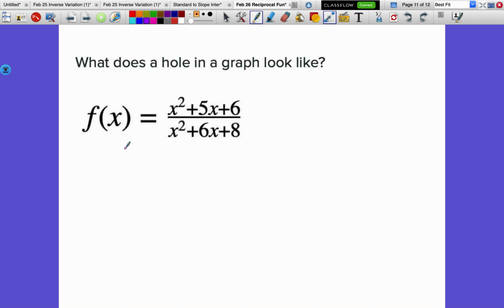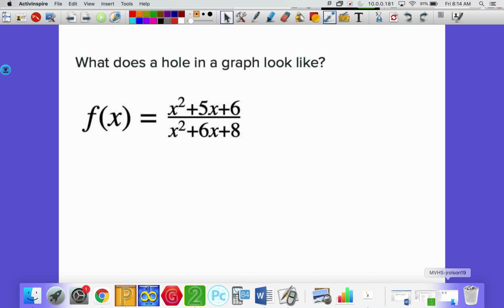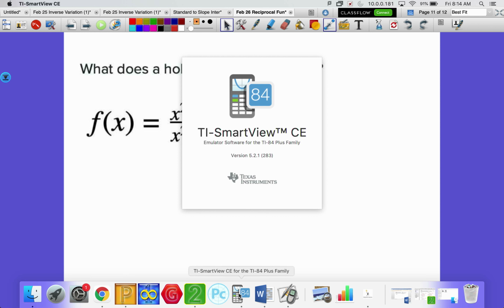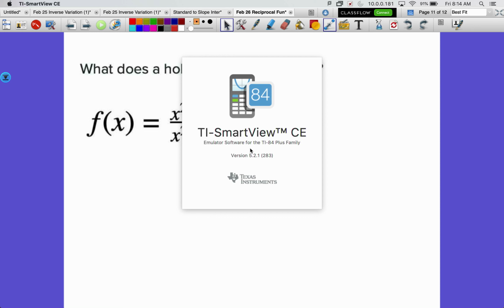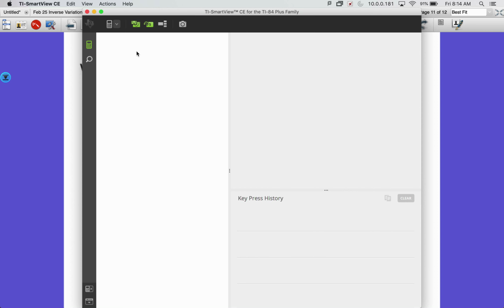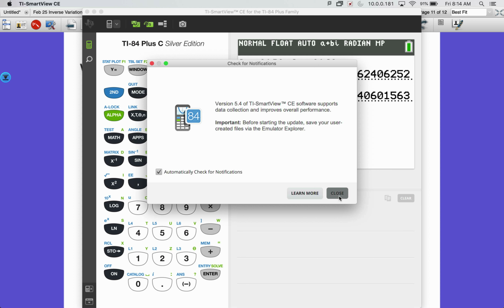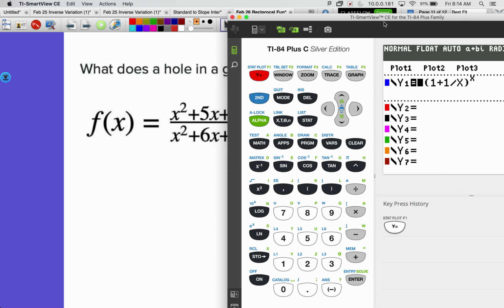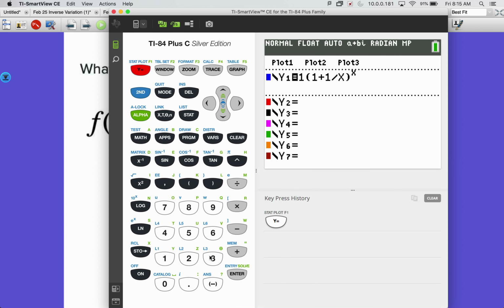All right, what does a hole in a graph look like? So this is where we're going to need those graphing calculators. Let's graph this function in our graphing calculators. As you plug it in, you're going to need to use a set of parentheses to keep the numerator separate from the denominator. So you go y equals x squared plus 5x plus 6 on the top.